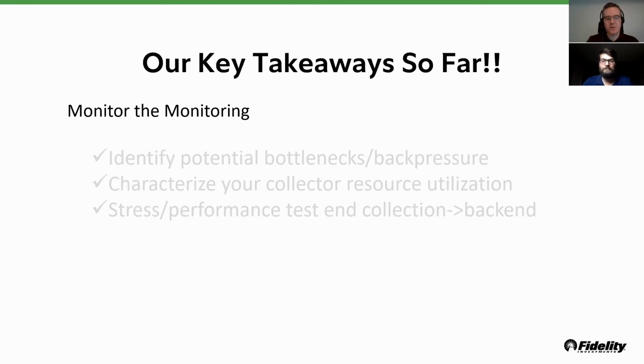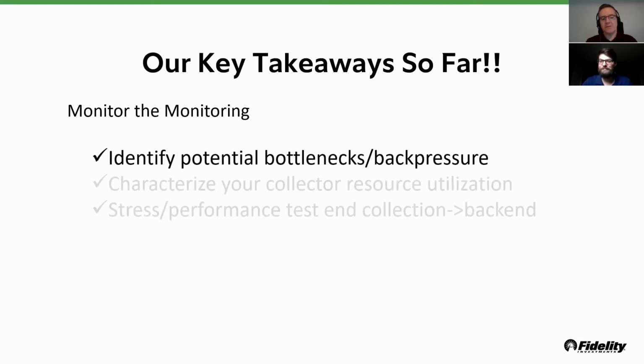Another area that I'm sure many of you have reasoned about is how do you monitor the monitoring? We obviously have architecture diagrams of our systems from an observability standpoint, and we're looking for potential bottlenecks, whether that could be maybe an aggregator tier, and what would happen if the downstream backend was unavailable, and what sort of back pressure do you have, and how does that impact your system overall?